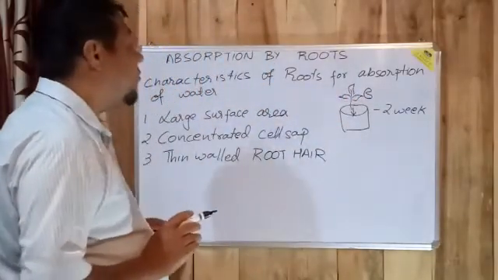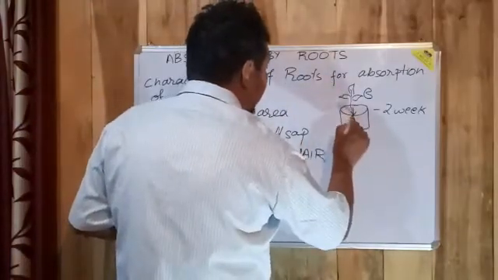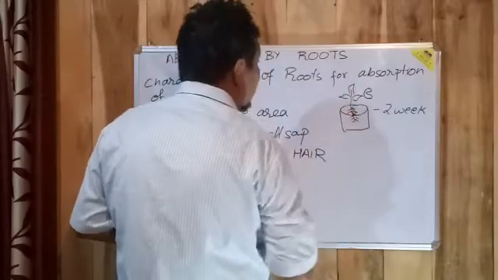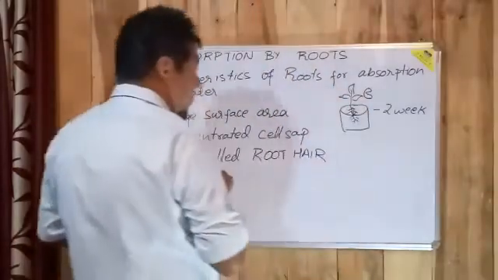Then he carefully took out the bean plant without destroying its roots, and started measuring each root.